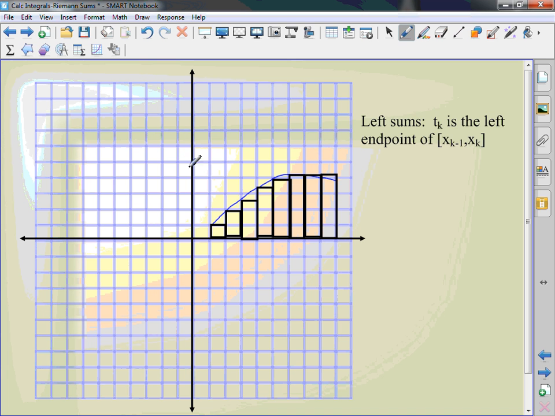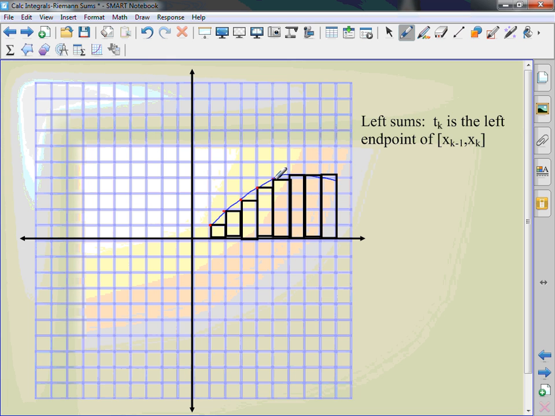Okay. The left sums is if you are taking it from the left endpoint. So if you look at this graph, this is what we did in the first one. We took the same graph and we just went from all the left endpoints. I took it from this point to that point.